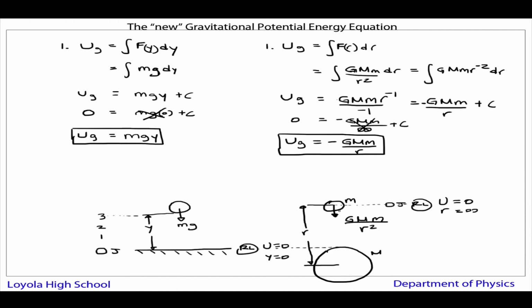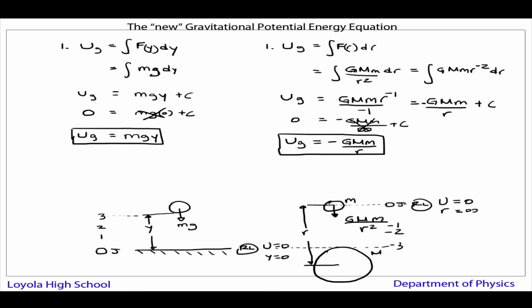Let's say that it falls to the earth, just like this falls to the earth. And let's say this is negative 1, negative 2, and over here is negative 3. So I'm counting 0, 1, 2, 3, and then 0, negative 1, negative 2, negative 3.